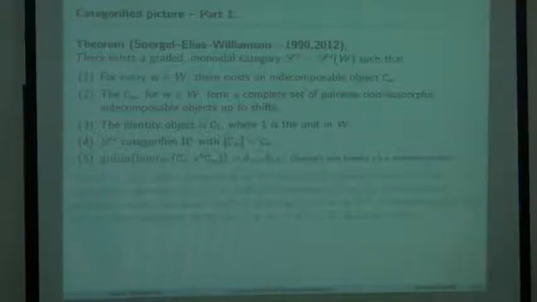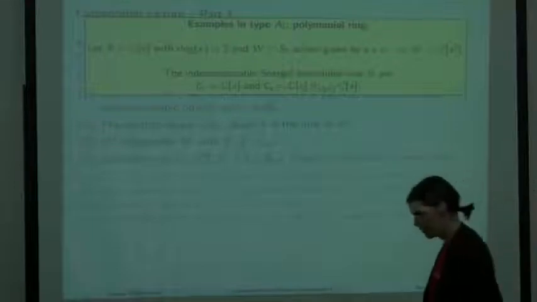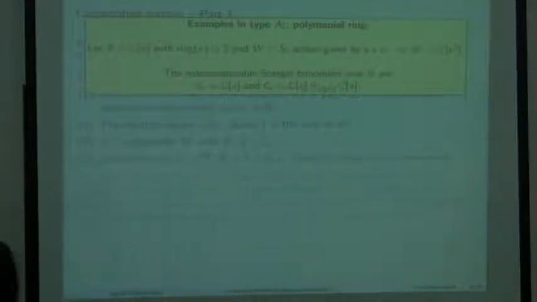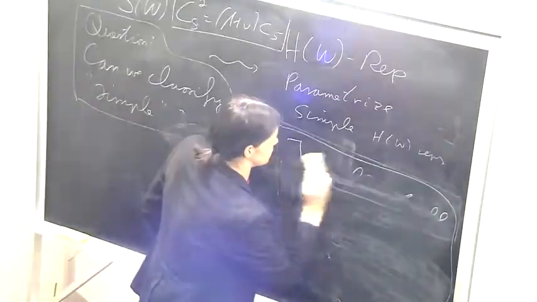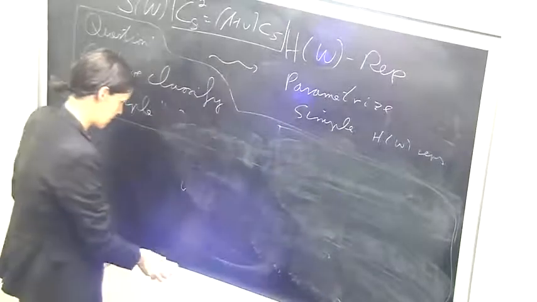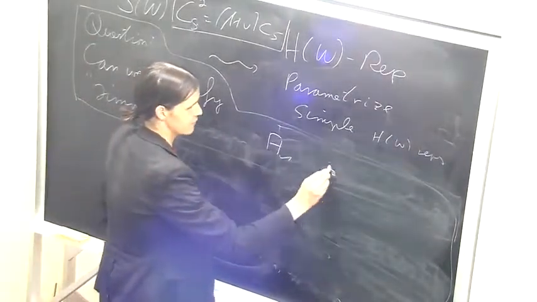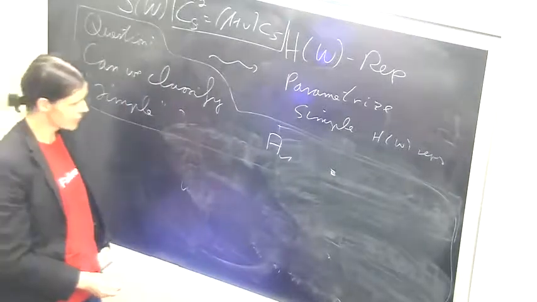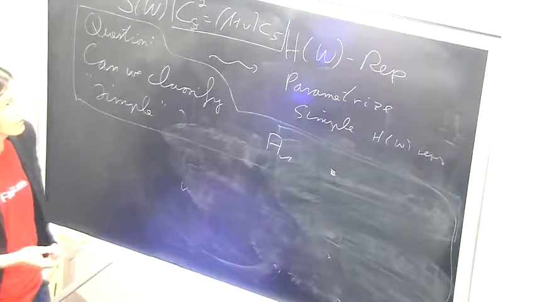Let me give you an example. I don't want to define Soergel bimodules, but if you have never seen Soergel bimodules before, this is a definition in type A1. So in type A1, which is of course this Coxeter diagram, not very interesting, you take the geometric representation of it.